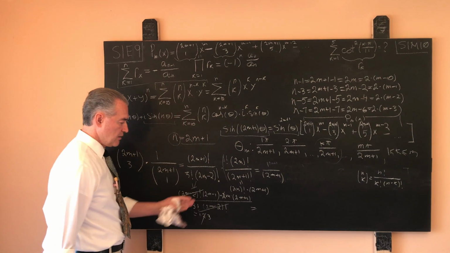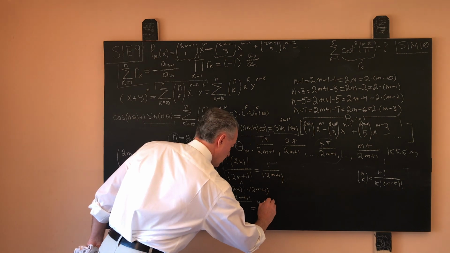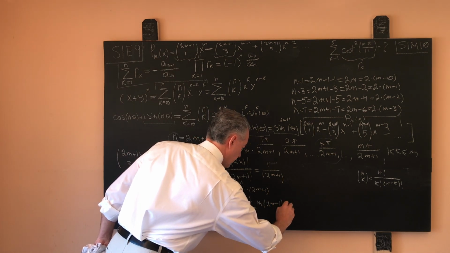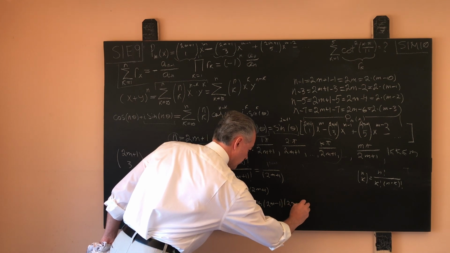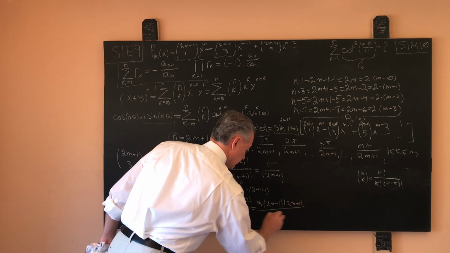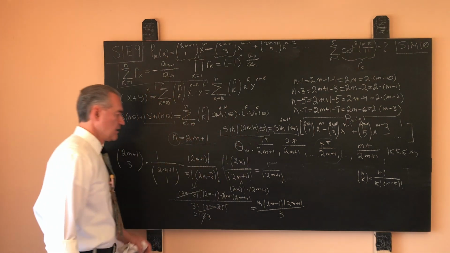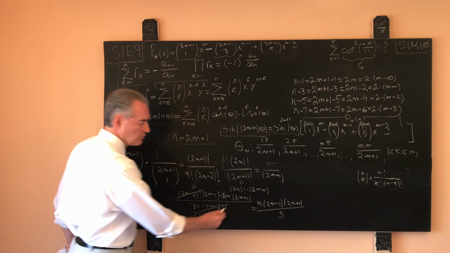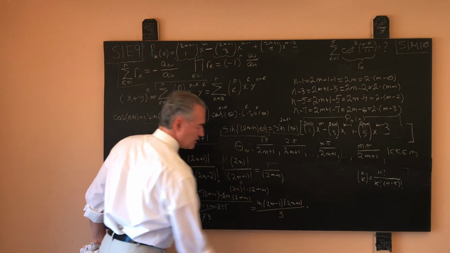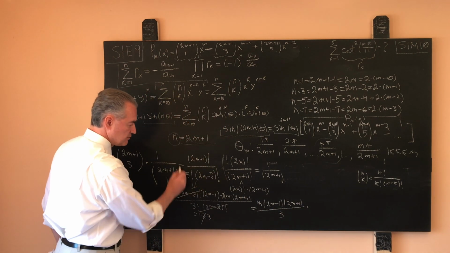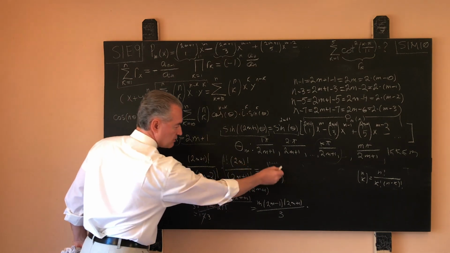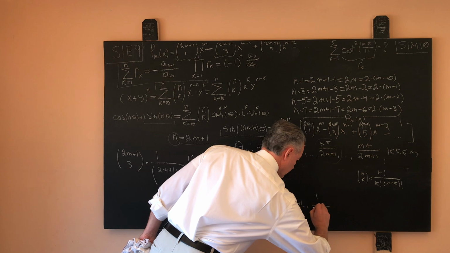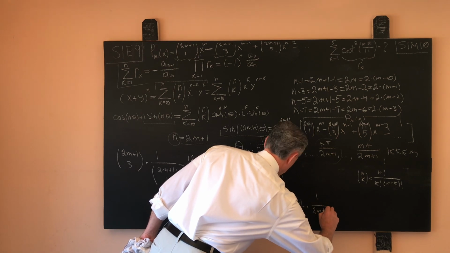Here we have m times 2m minus 1 times 2m plus 1 divided by 3. And this is only this factor right here. We need to multiply this binomial coefficient by the value, this is this guy, 1 over 2m plus 1.